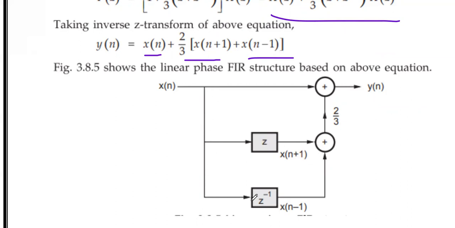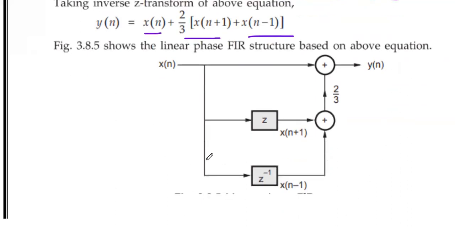When X of n is given to Ez inverse, we can get X of n minus 1. Okay, then you just add these 2 terms, then you give the multiplier 2 by 3, we can get the Y of n. So Y of n is equal to X of n plus 2 by 3 times X of n plus 1 plus X of n minus 1. Okay, so this is the linear phase FIR realization.